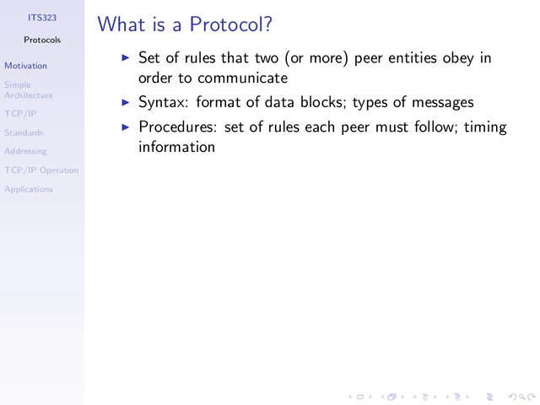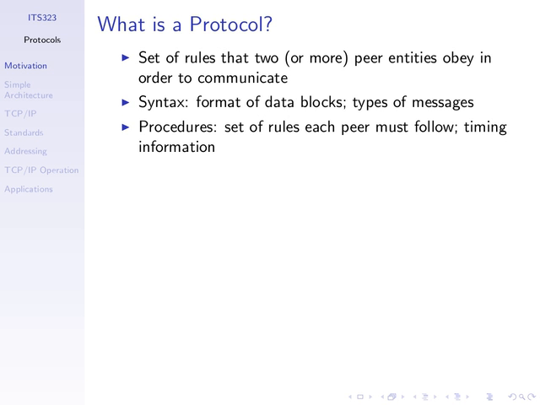Of course, there are different sets of rules we may use with different introductions and different cultures. But there are some informal rules there. Same when we have computers that want to communicate with each other, we need some rules that those computers will follow in order to communicate. And that set of rules is what we call a protocol.